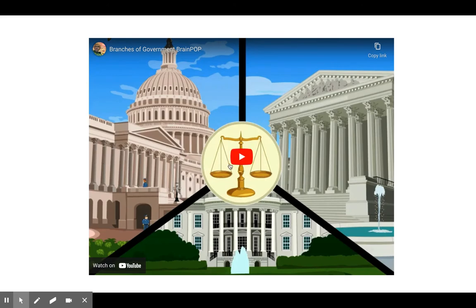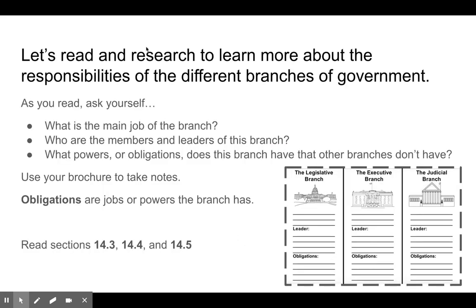All right. Later, you're going to watch a short BrainPOP video to get more details and more information about our branches: our legislative branch, our judicial branch, and our executive branch. Today, your job is going to be to read and research to learn more about the responsibilities of the different branches of government. As you read sections 14.3, 14.4, and 14.5 in your textbooks or the book online, you're going to ask yourself, what is the main job of the branch?